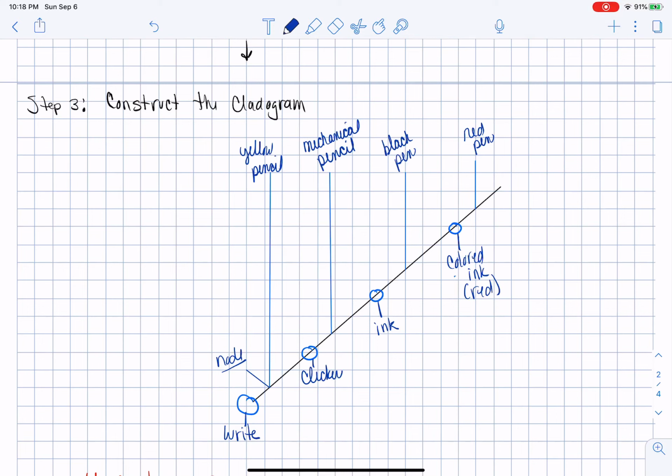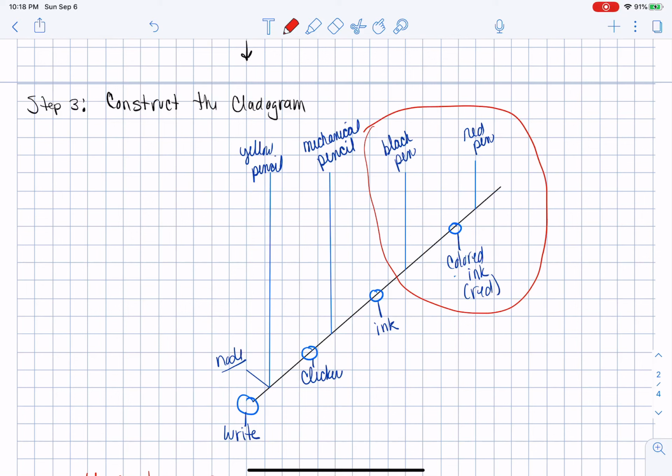So we can organize our individuals in this way and come up with a phylogeny or a family tree. Now there's one other term we need to look at here. That term would be a clade. And I'm going to circle the black pen. I'm going to circle the red pen and the characteristic here.